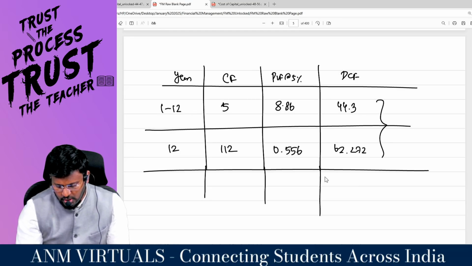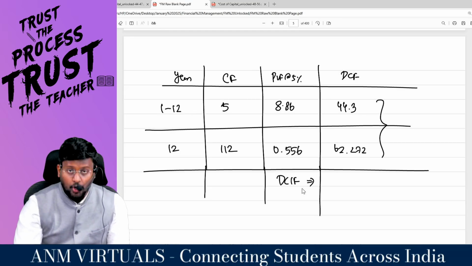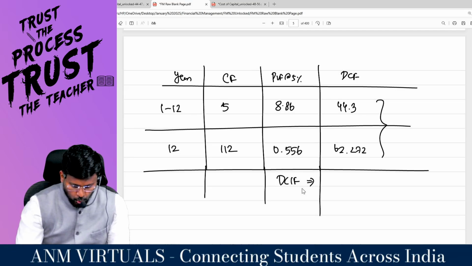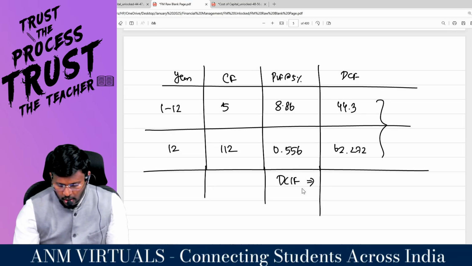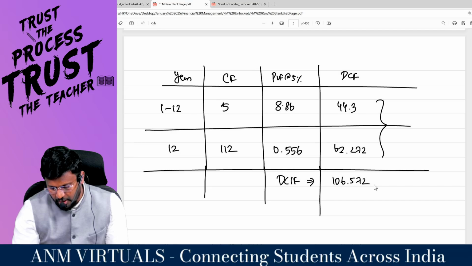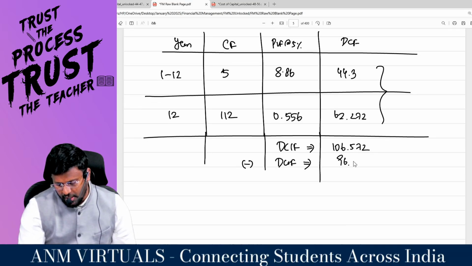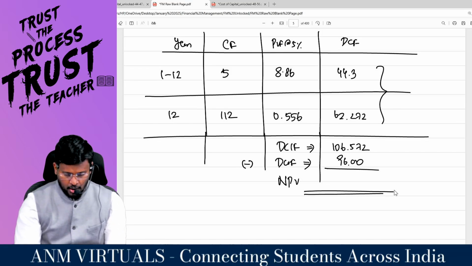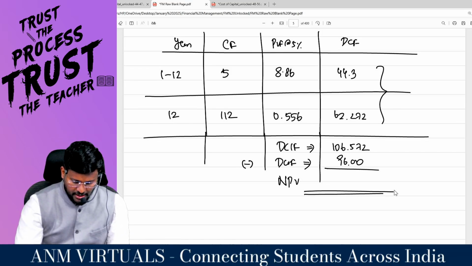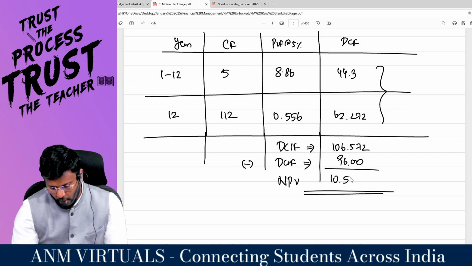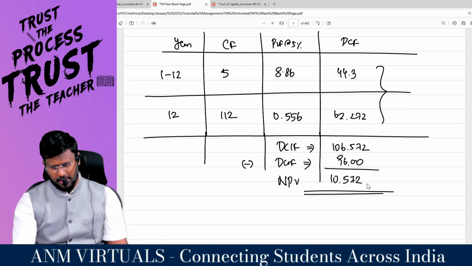So the discounted cash inflow will be 44.3 plus 62.272, which comes to 106.572. But the discounted cash outflow is only 96, so you are getting positive NPV. So 106.572 minus 96 comes to 10.572, which is the positive NPV.